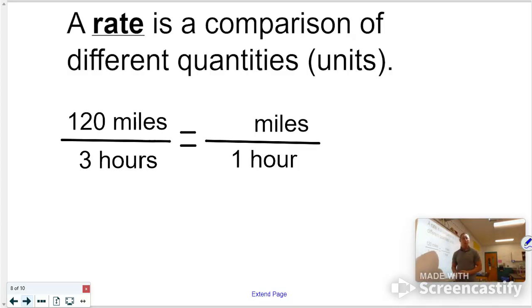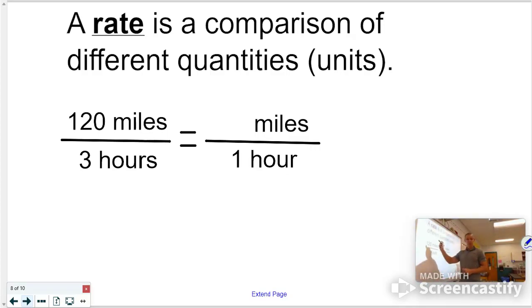And often with rates, we want to scale them down to what's called a unit rate, and that would be how much per one. So in this case, it would be, well, how many miles are they traveling per 1 hour? So when we solve this proportion that we have up here, which are just equivalent ratios, or in this case, equivalent rates, when we take it down to 1, there are a couple ways we can do it.